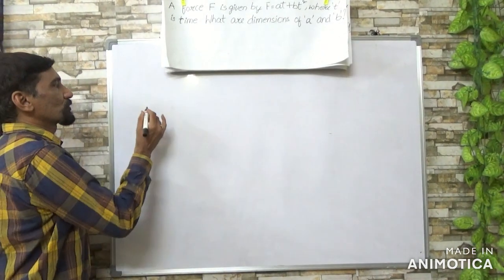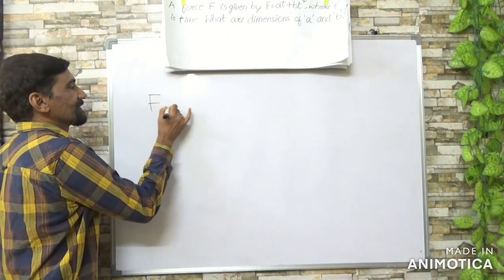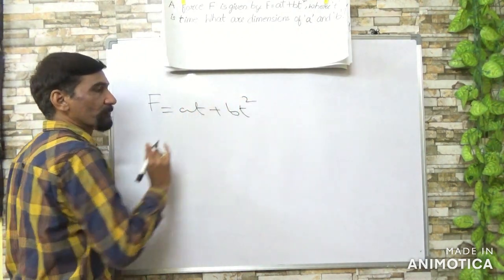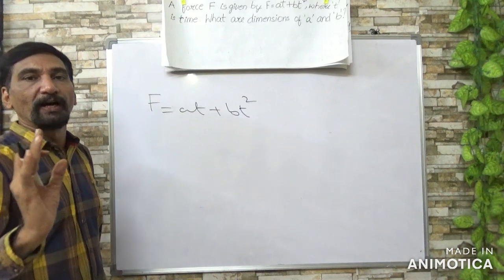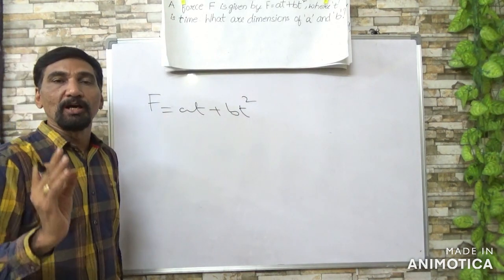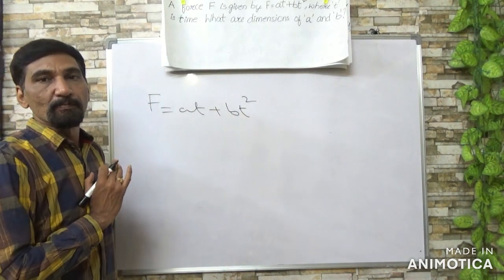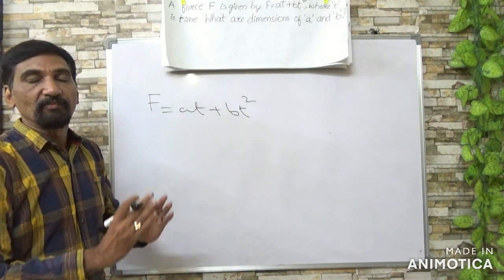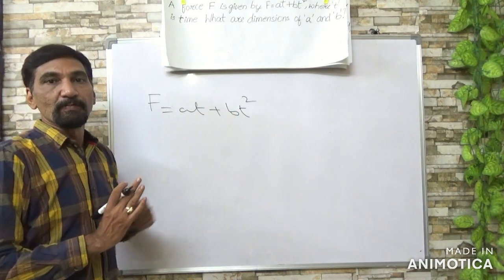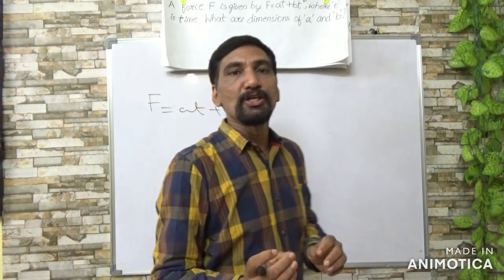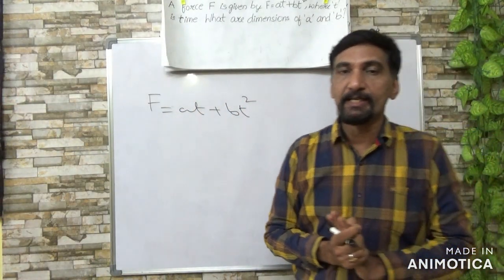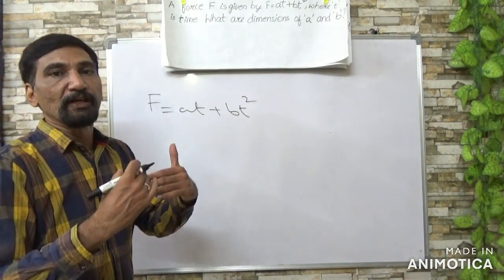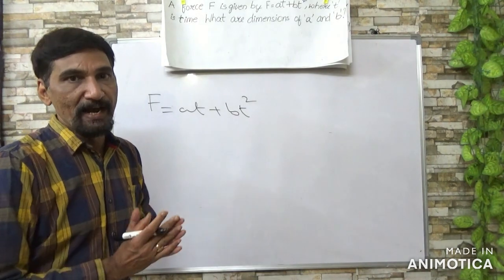Now force is given as AT plus BT square. Okay, so you want to find dimensional formulas for A and B. So unless these two are forces, we cannot find A and B. So it is called principle of homogeneity. Unless two physical quantities are same, we cannot add or subtract.